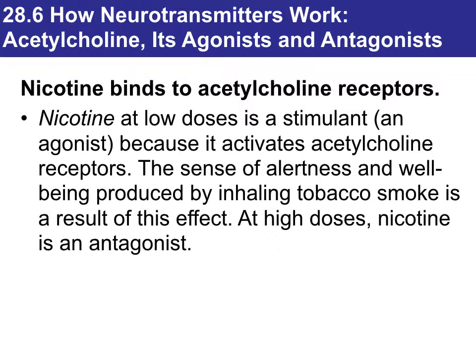Some example right here, nicotine found in cigarettes, at low dose is a stimulant. So that's an agonist because it activates acetylcholine receptors. That's what gives people a sense of alertness, well-being, and at high dose, nicotine is actually an antagonist.